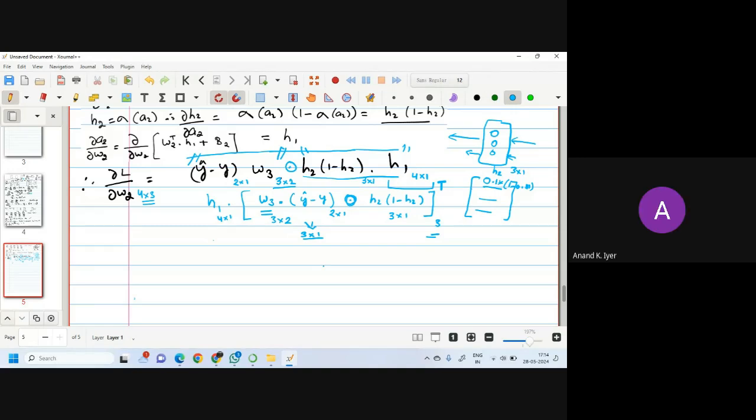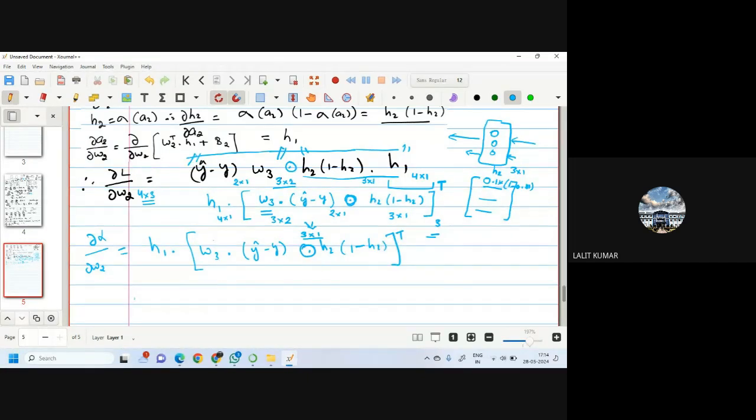Only for the understanding part. So from here we can write W2 final as H1 into W3 dot y hat minus y, this product into H2 into 1 minus H2, and the entire transpose.